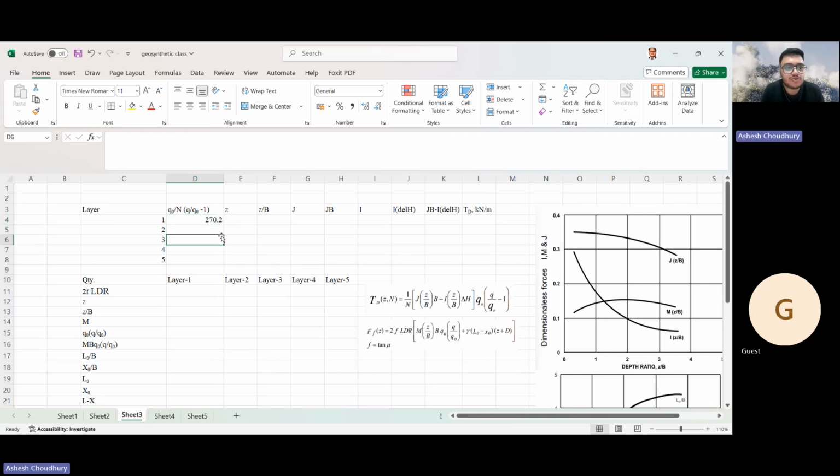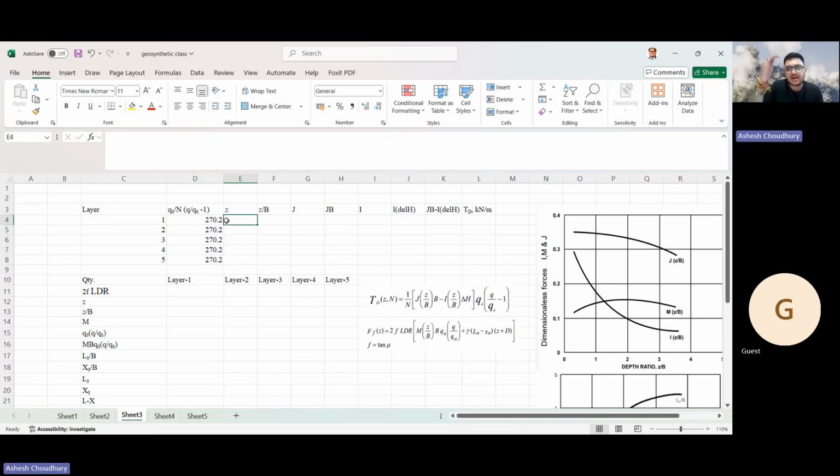So we have Q naught by n multiplied by Q by Q naught, Q naught by n multiplied by Q by Q naught minus 1. Okay, so we get 270.2. This will be same for all the layers, right? So we'll just copy this term.